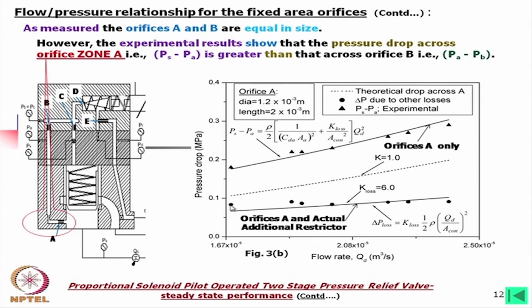This characteristics was showing like this, and from there we again calculated that K loss came to 6.0. Now, the question is that, for example, here we are getting 0.65, whereas here we are getting 6, then why did we not use the same thing? Probably the reason is that this gives better performance.